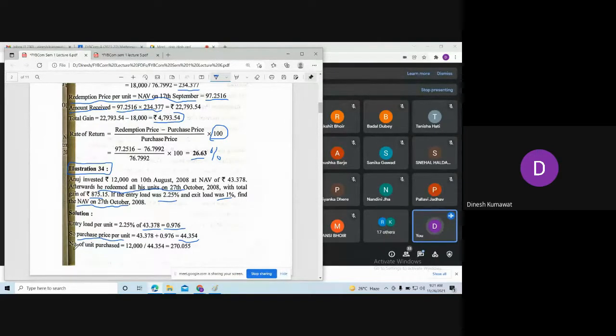Now our aim is to first find out the number of units, and the amount invested is known to us. So please do this division and let me know your answer for number of units. Dhananjay is getting 270.550 and in the book it is 055.